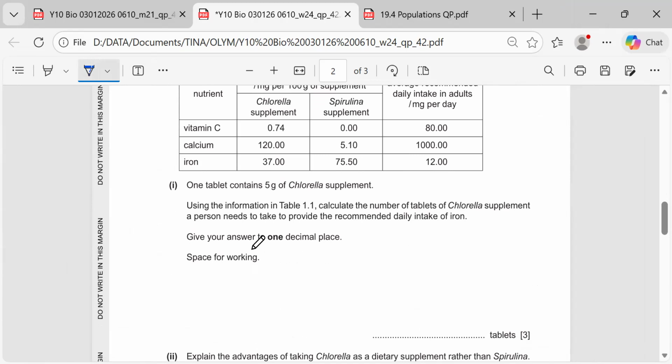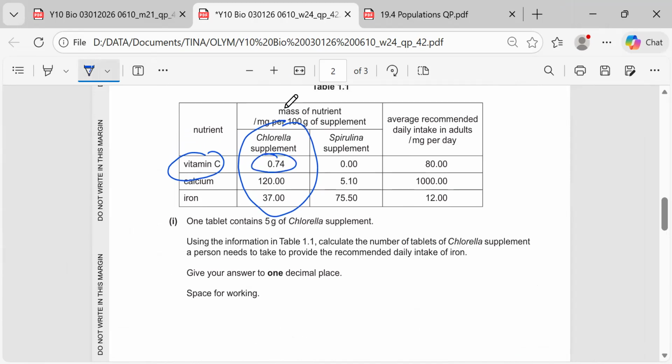Okay, let's calculate the number of tablets in chlorella supplements that is needed to provide the recommendation. The recommendation is for iron.